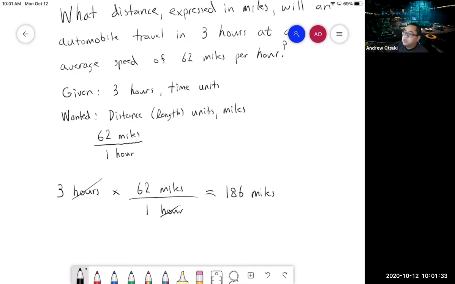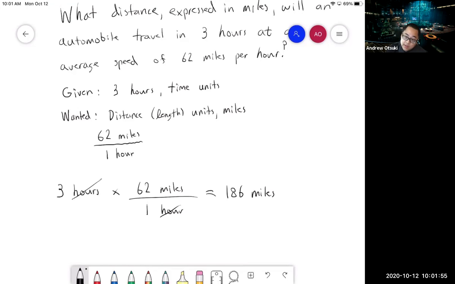Okay, so work through that problem. If there are any questions whatsoever, always feel free to email me about the lectures, and I'll be happy to go over that. So let's check that. We're expecting the car to travel a greater number of miles than the number of hours it's traveling, right?